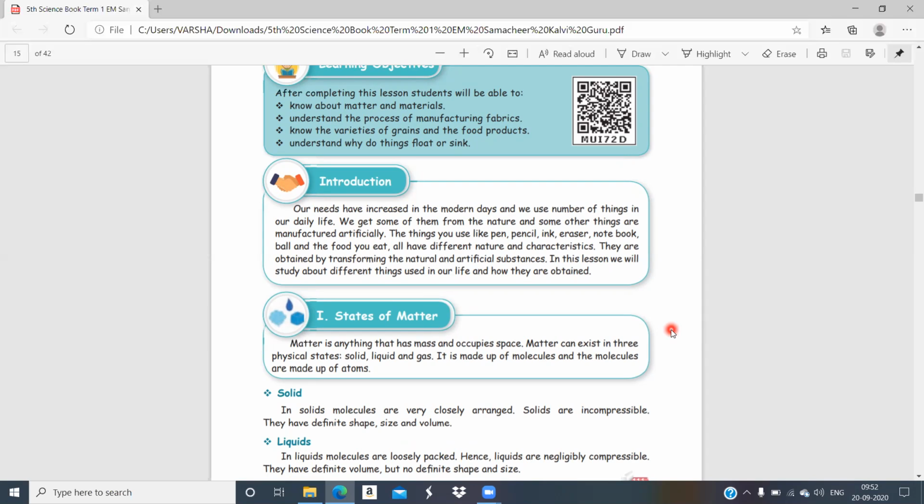Many of them are transformed into natural and artificial substances. In this lesson, we will learn about different things used in our life.